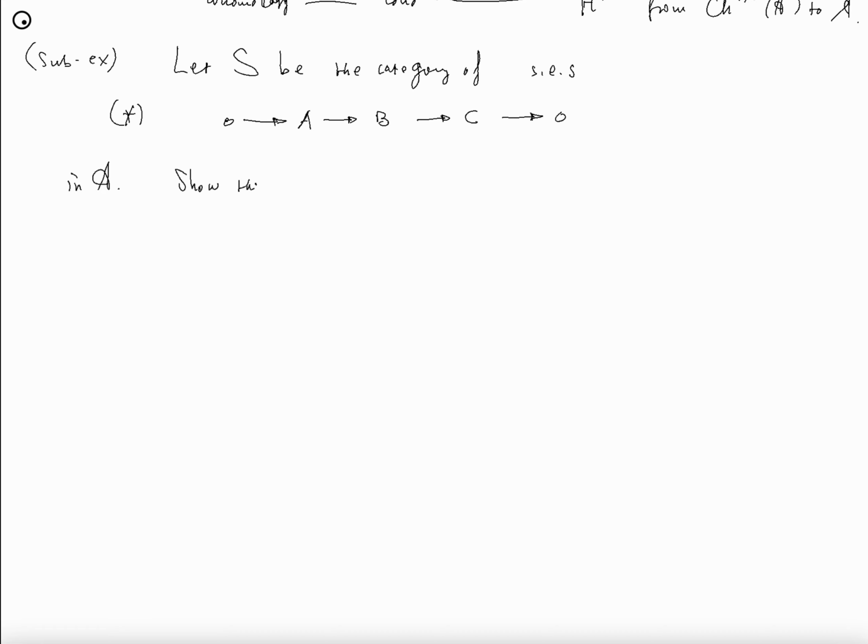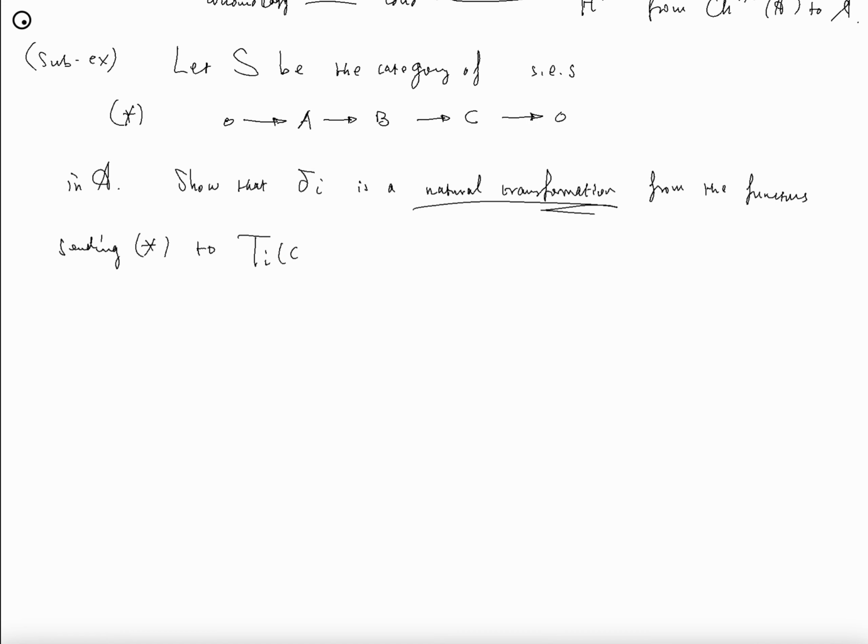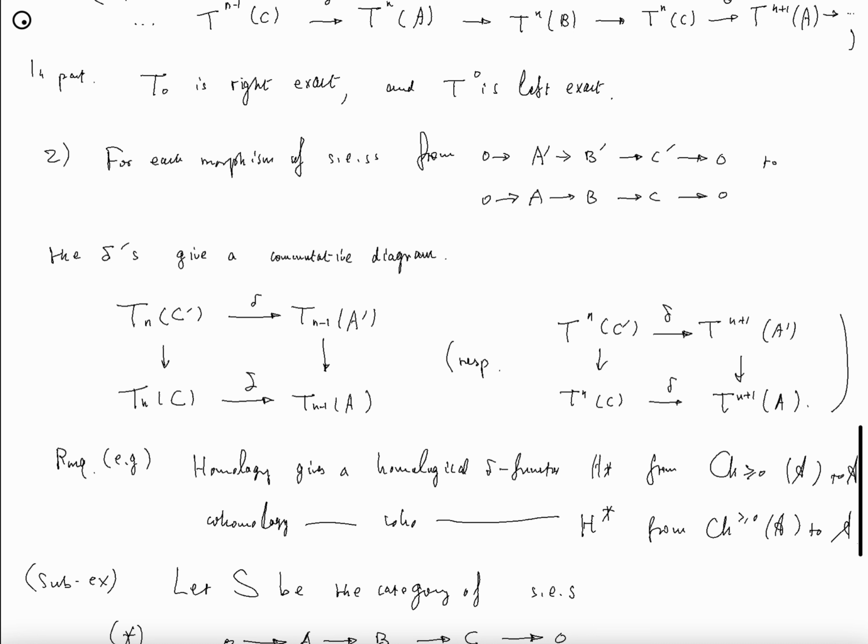Show that delta_i is a natural transformation from the functor sending a short exact sequence to T_i of C to the functor sending a short exact sequence to T_{i-1} of A. Right, so this is more or less this one, the second axiom.